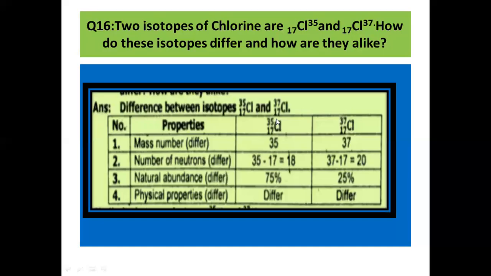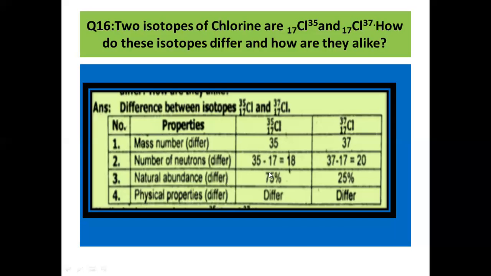For chlorine 35 the mass number is 35, and for chlorine 37 the mass number is 37. Number of neutrons is different. Mass number 35 minus atomic number 17, so neutrons are 18. For chlorine 37, mass number 37 minus atomic number 17, so the number of neutrons is 20. Mass numbers are different, number of neutrons are different.